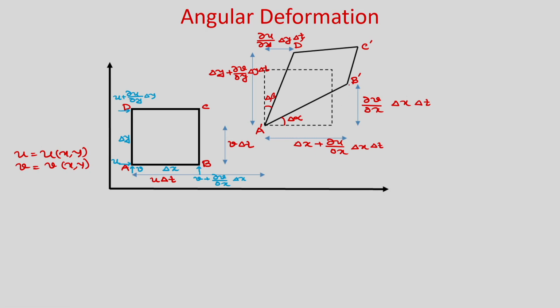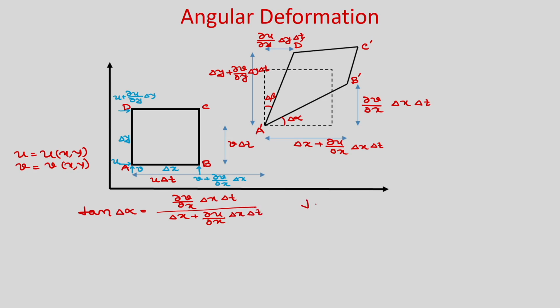If you write tan delta alpha, what you will get from here you can see, this divided by this, so it will be del v by del x delta t divided by delta x plus del u by del x delta x delta t.